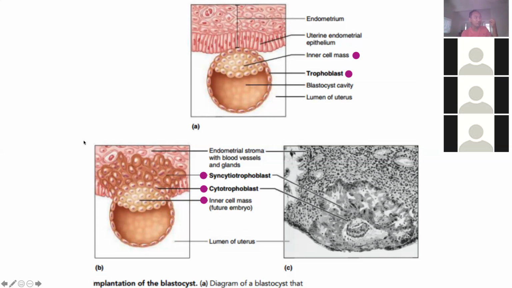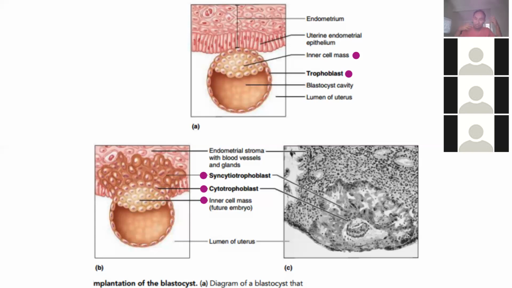And this gradually proliferates, gradually gets more and more. This invading portion into the endometrium is called the syncytiotrophoblast. And the remaining trophoblast, which is just covering the blastocyst, is called the cytotrophoblast. Of course, there are many names after names, because you are not going to remember all these in one go. You will have to repeat that again and again.